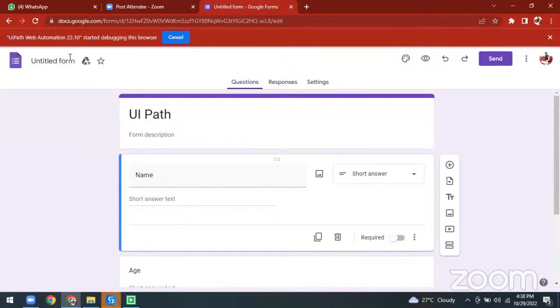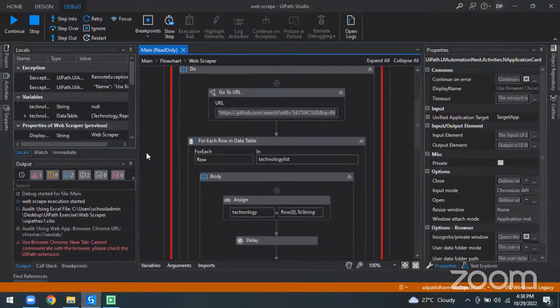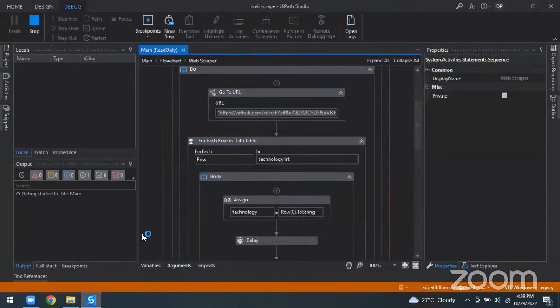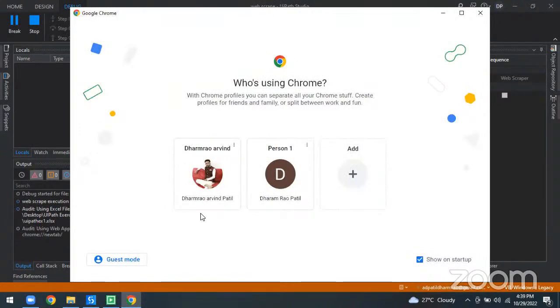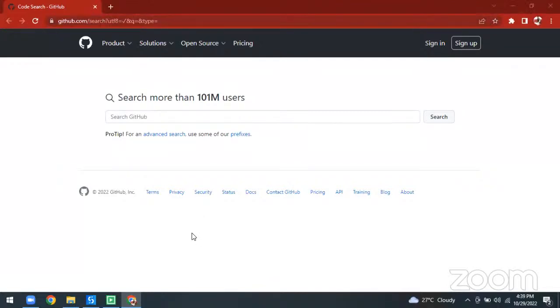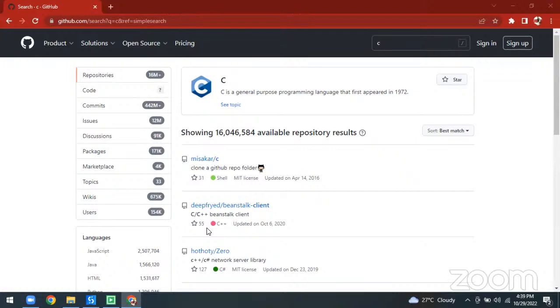Ma'am, it comes to the repository. It's taking the repository numbers, ma'am.